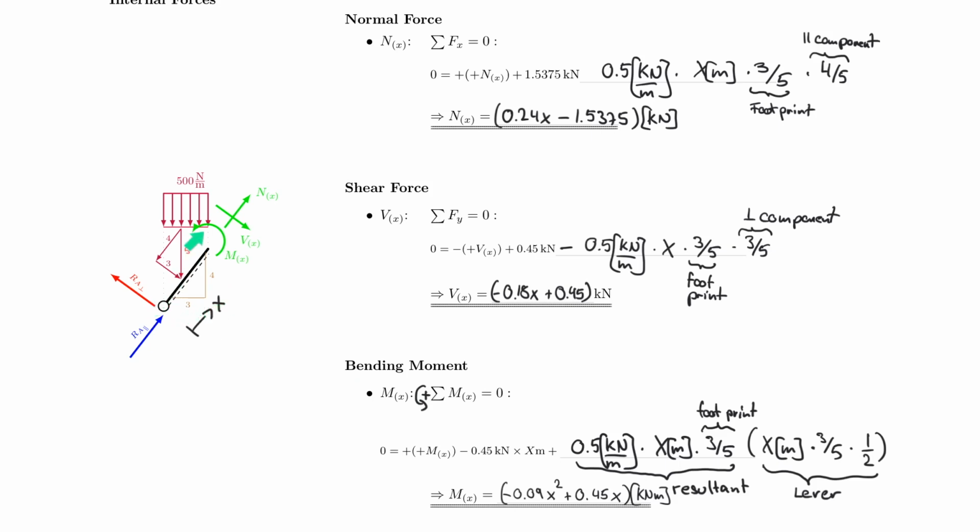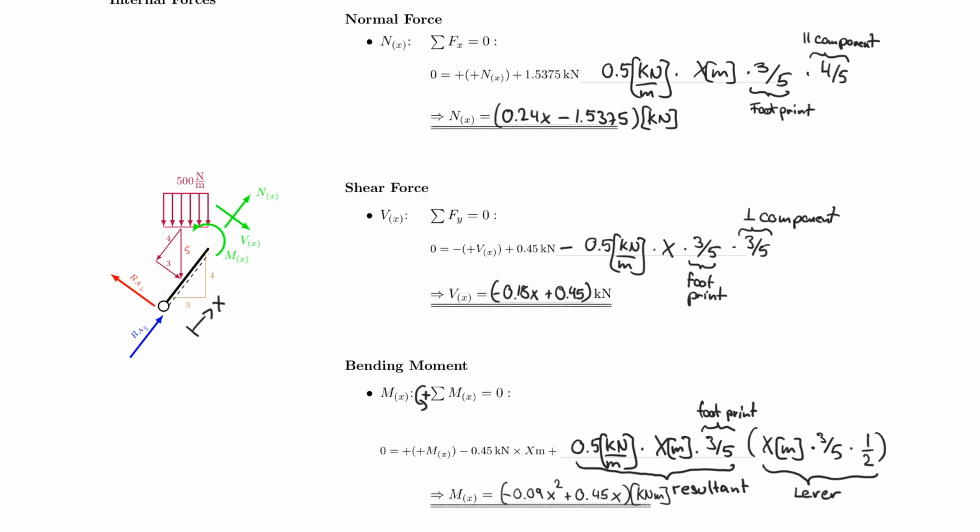Because if this distance, the 500 Newton per meter, is half, then this distance x is half as well. Or in other words, if you take the middle of 3 and the middle of 5, they both would act at the same distance. And that's how you can take advantage of that in this equation here.